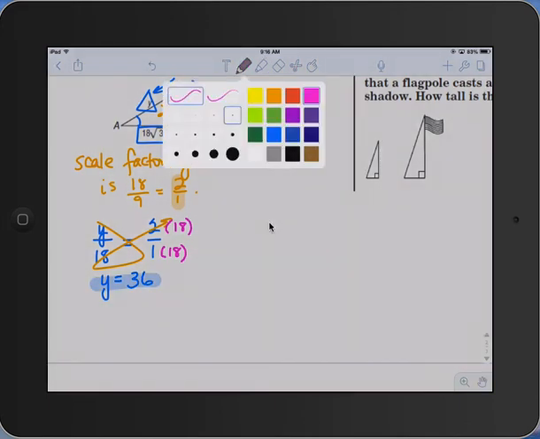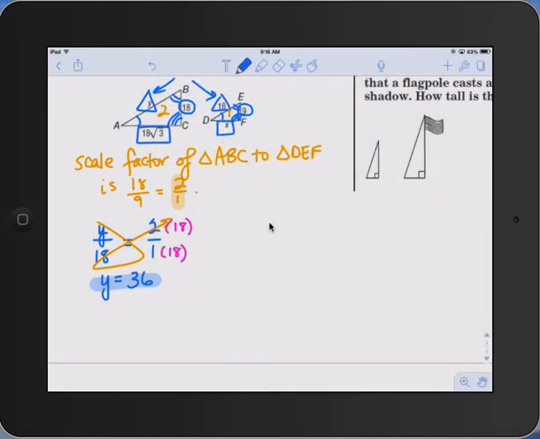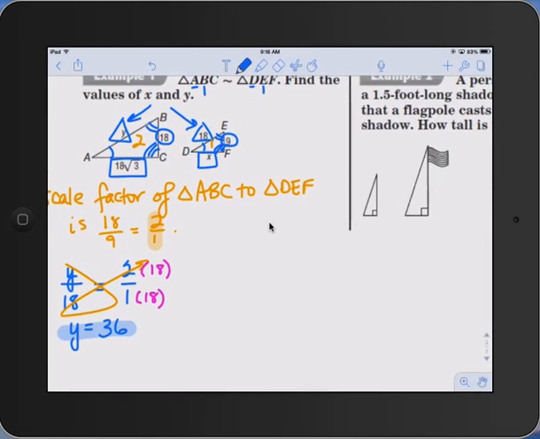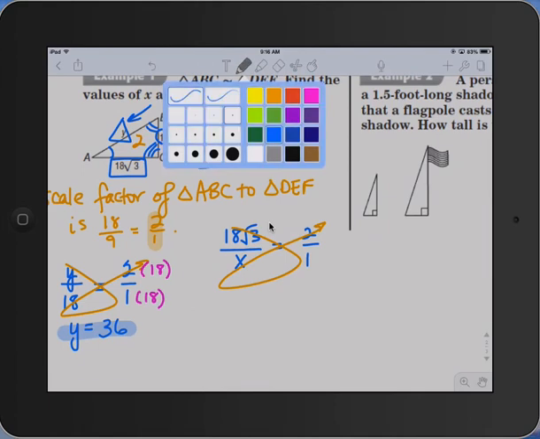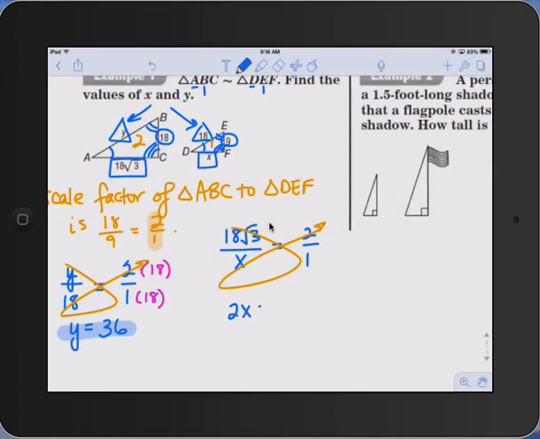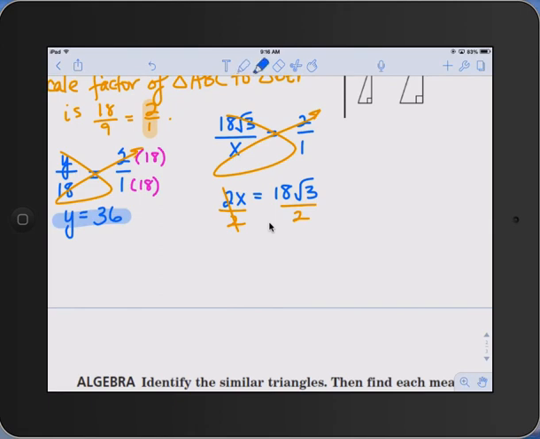And then for the x value, we have 18 root 3 is to x as 2 is to 1. Pretty easy to cross multiply that, and you'll get 2x equals 18 root 3, and then we're going to divide both sides by 2, and we'll have 9 root 3.